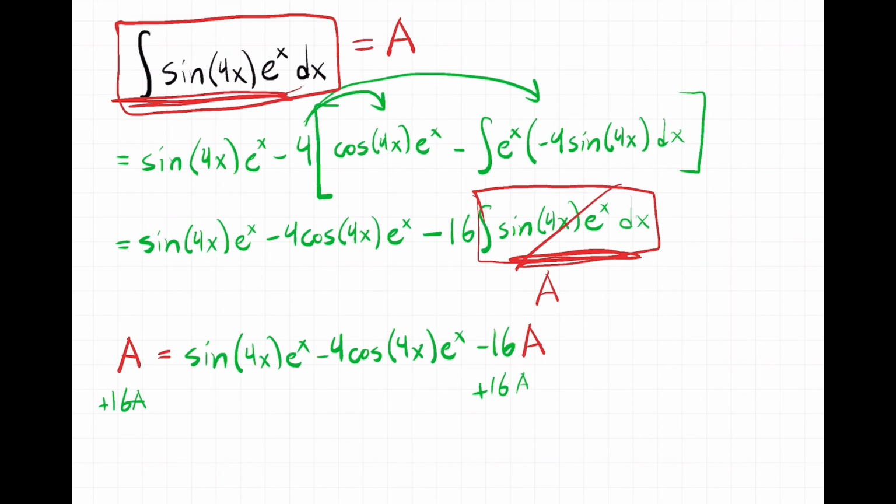And A plus 16A is 17A. And that will equal sine of 4x e to the x minus 4 cosine of 4x e to the x plus or minus 0. This part here cancels. So we're almost finished. We just need to divide by 17.